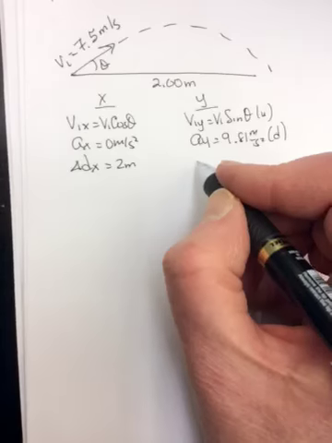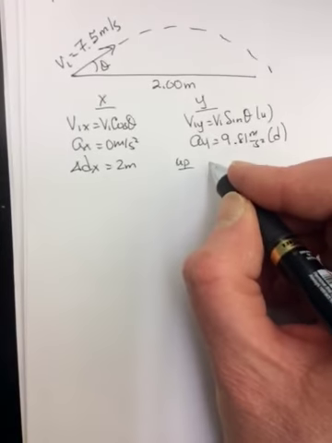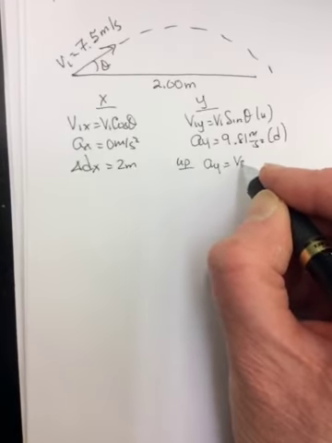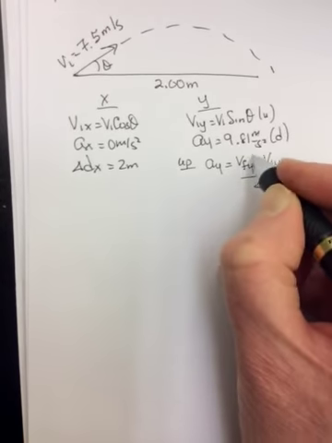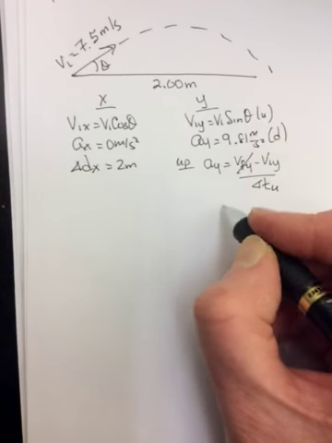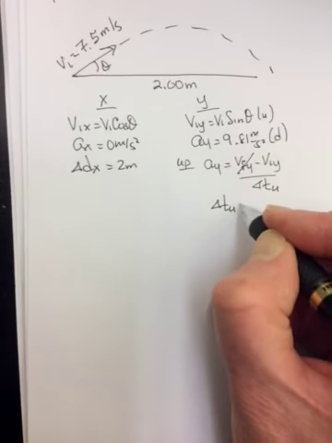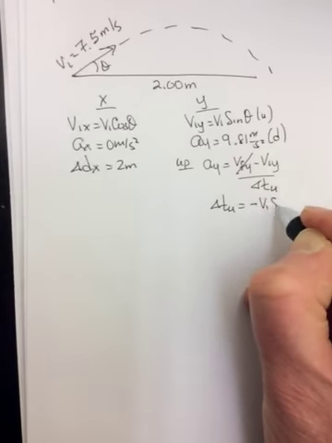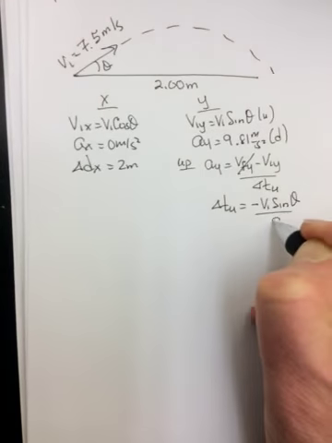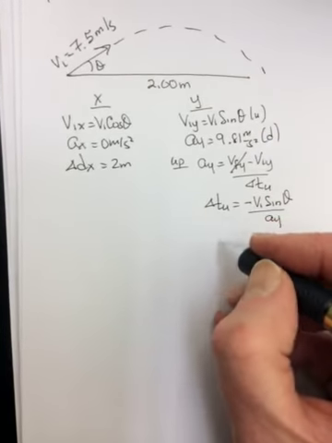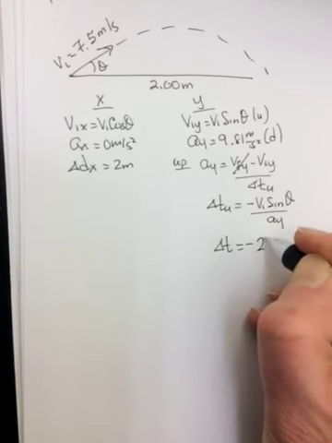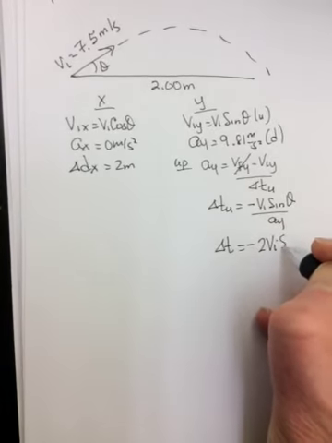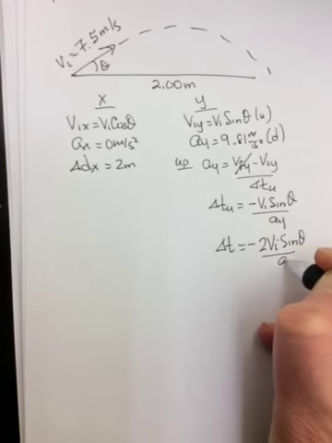Okay, we can look at just up, and we can do AY is equal to VFY minus VIY over delta t, and we can get an expression for our delta t, negative VI sine theta over AY, but we can't find it. We have 2 unknowns here. So our time total would be negative 2 VI sine theta over AY.